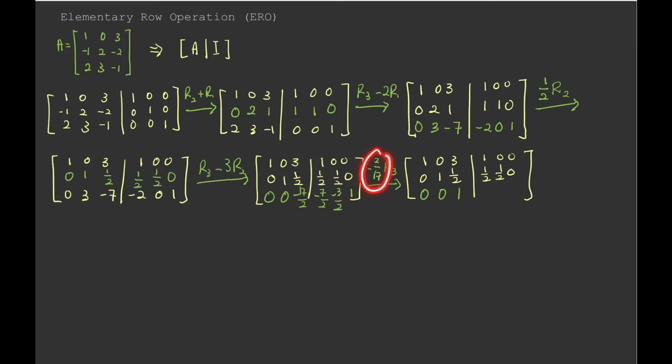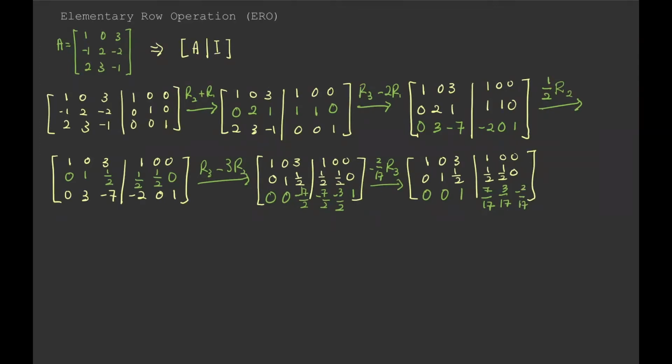After that, negative 2 over 17 times negative 7 over 2, here we're going to have the value of 7 over 17. And then negative 2 over 17 times negative 3 over 2, we're going to have 3 over 17. And the last one, we have negative 2 over 17 times 1, we're going to get negative 2 over 17.